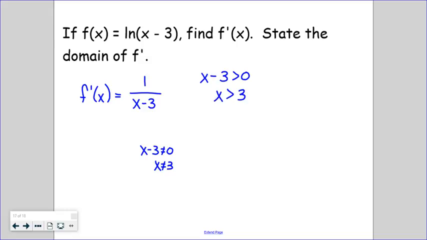So of those two things, x cannot equal 3 and x has to be greater than 3. This is the more restrictive of those two, right? Because this could be everything negative and positive, above and below 3, just as long as it's not 3. But this has to be just things that are greater than 3. This would be our domain for the derivative, because the domain of the derivative adopts the domain of the original function if it's more restrictive. Questions?